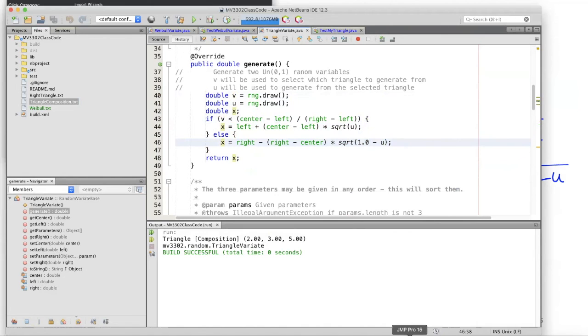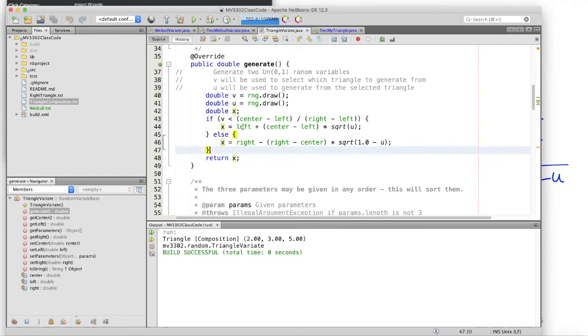And it's not at all clear. Again, if you were to read this code somewhere and ask, what is this going to do? What kind of probability distribution? If I were to generate a bunch of these and create a histogram, what would that look like?